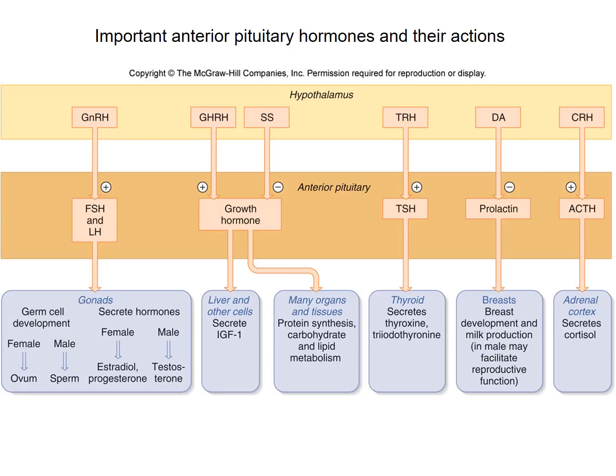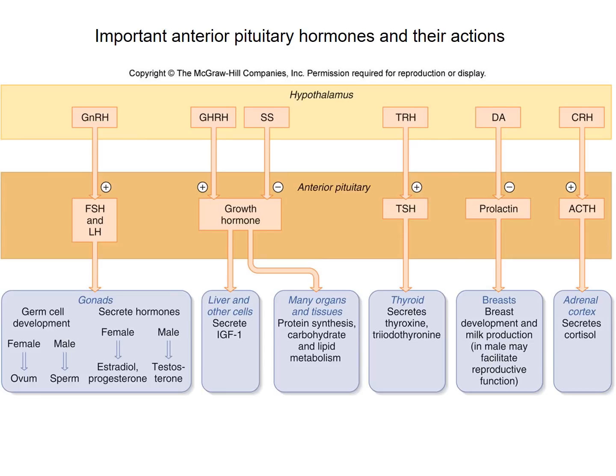There are a number of different hormones that come out of the anterior pituitary gland. So again, remember, the hypothalamus stimulates the anterior pituitary, which stimulates the end organ, and then the end organ releases the hormone that goes into systemic circulation and has a variety of physiologic effects on the body.